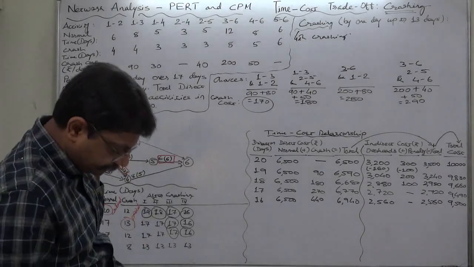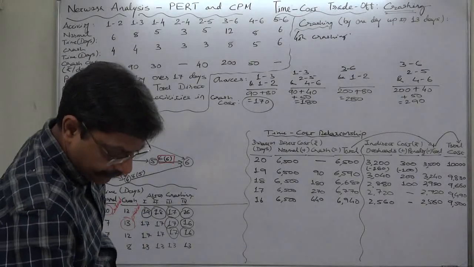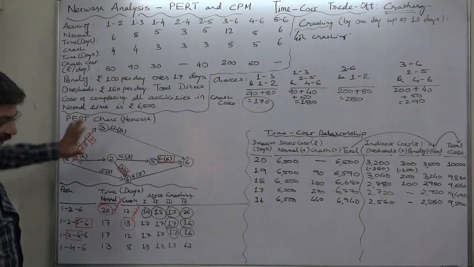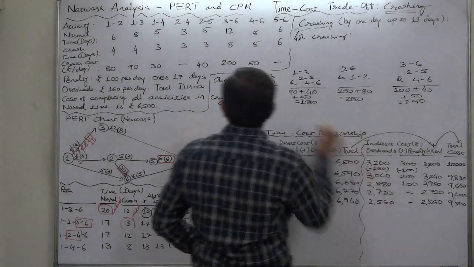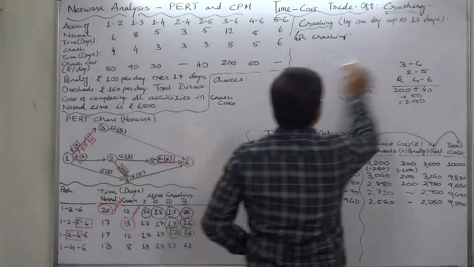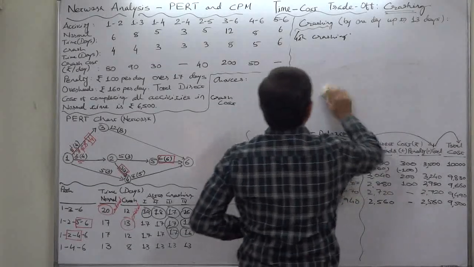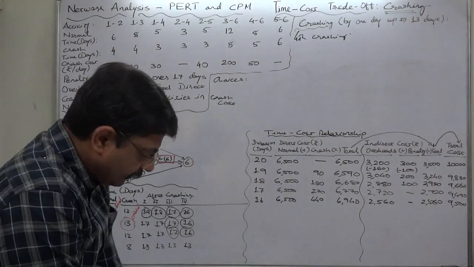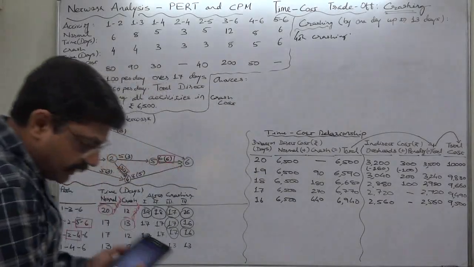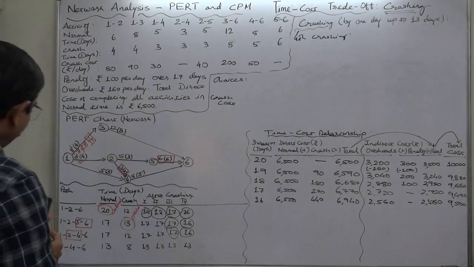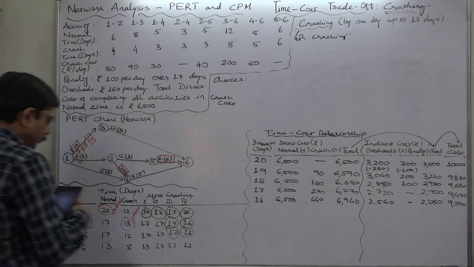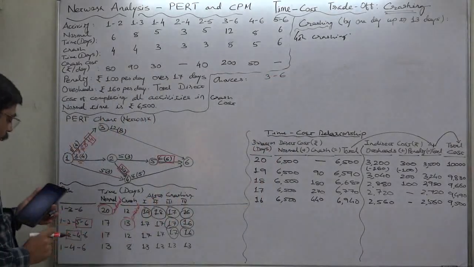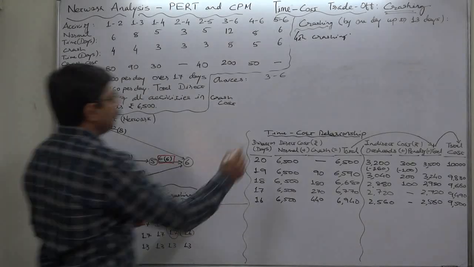So let's go for the fifth crashing. In case of the fifth crashing, we cannot consider activity 1-3. First of all, let's see which options are available with us. From this path, we have to consider 3-6. From these two, we can consider 1-2, the common activity in both.